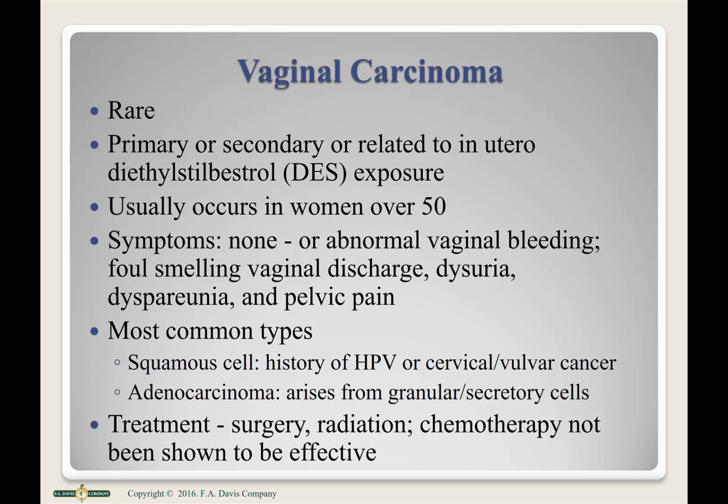So we'll get biopsies and see which kind she has. Treatment for it is surgery, with or without radiation, with or without chemotherapy. Chemotherapy probably for the adenocarcinoma, but not so much for the squamous cell.